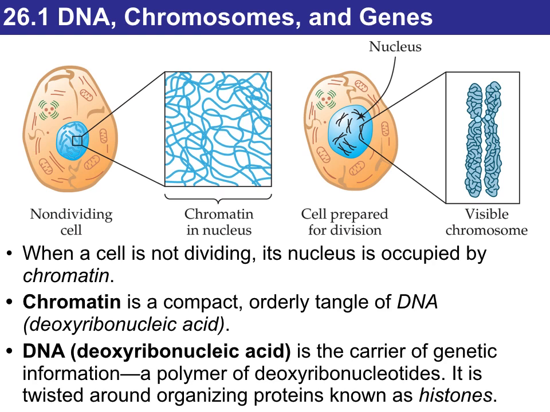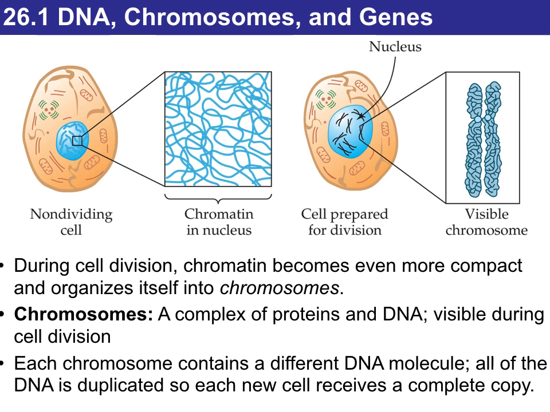DNA stands for deoxyribonucleic acid, and that is what carries the genetic information. It's made of deoxyribonucleotides, and it's twisted around organizing proteins we call histones. During cell division, the chromatin becomes even more compact and is going to turn into what we call chromosomes.